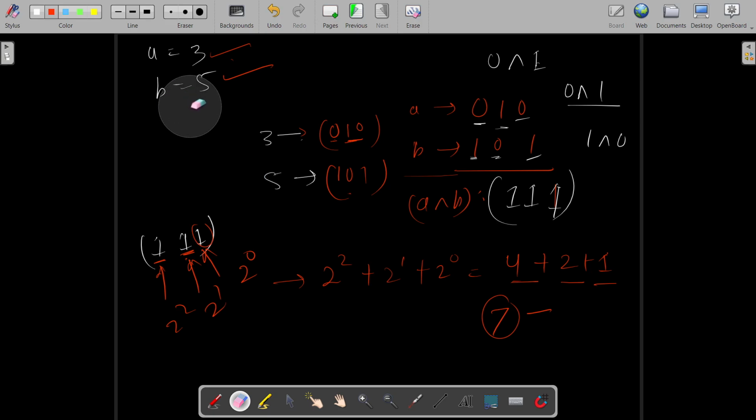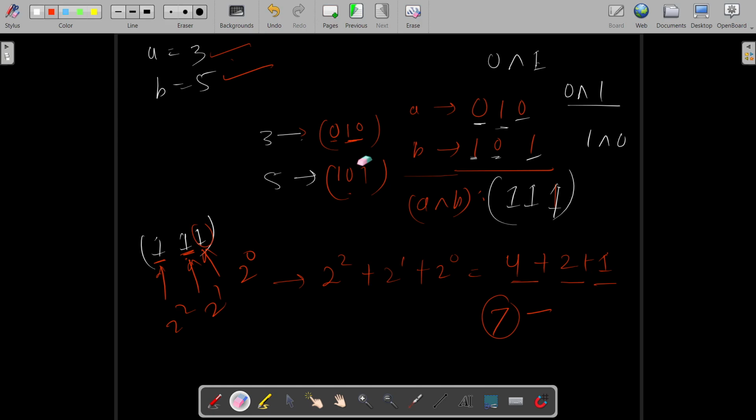In bitwise XOR, one thing that we forgot is that here we have 2 raised to power 4, this is 2 raised to power 2, which is 4, this is 2 raised to power 1, which is 2.